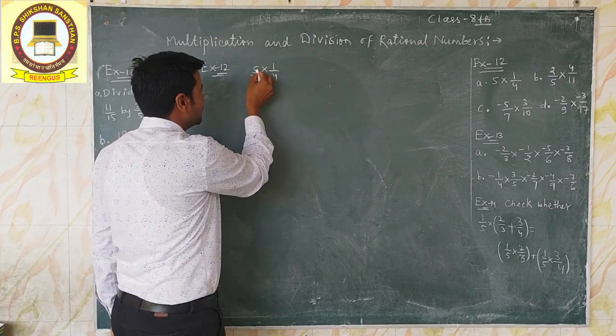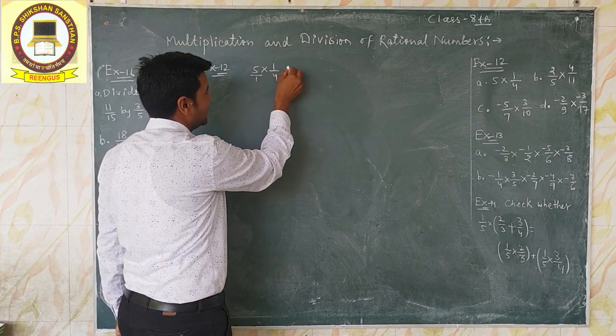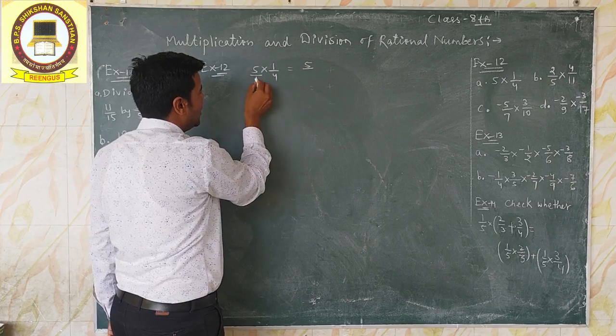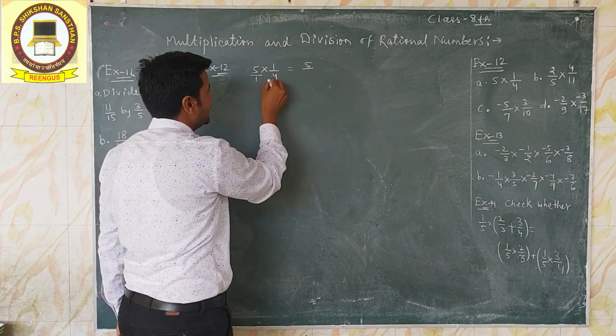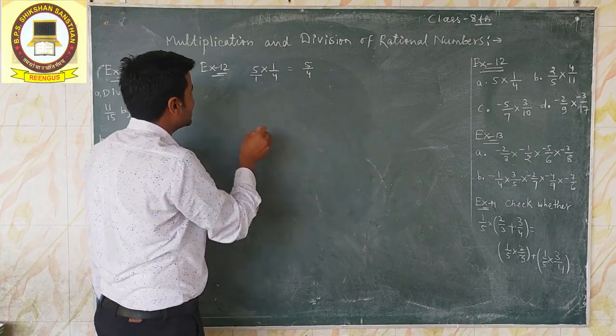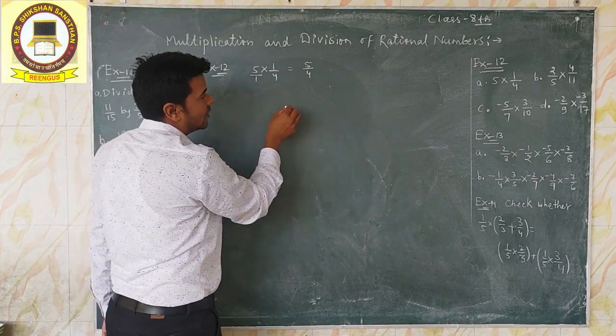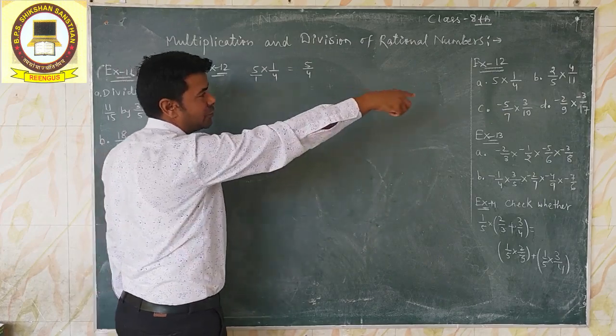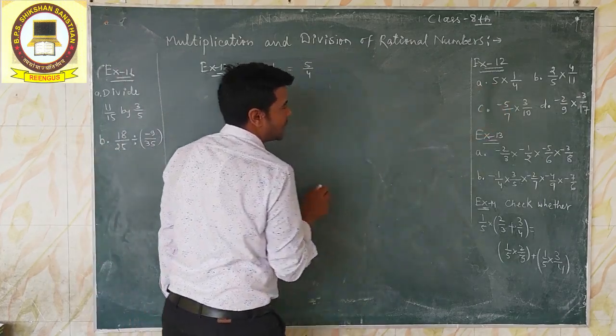What we need to do is multiply numerator with numerator, 5 into 1 is 5, and denominator with denominator, 1 into 4 is 4. Simple. Next, B. I do the D part and you do the remaining B and C.